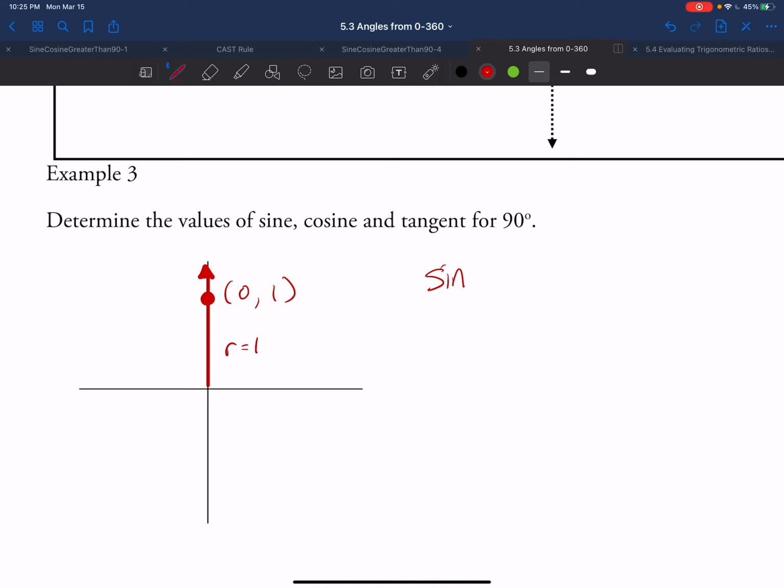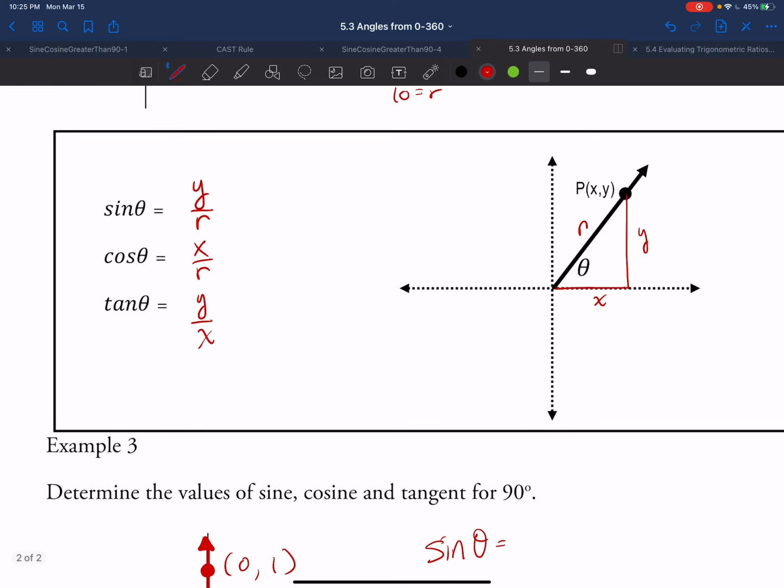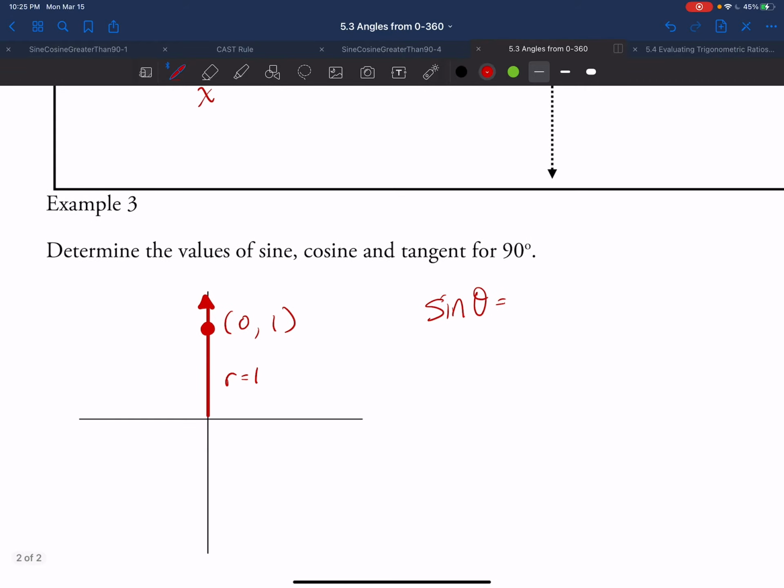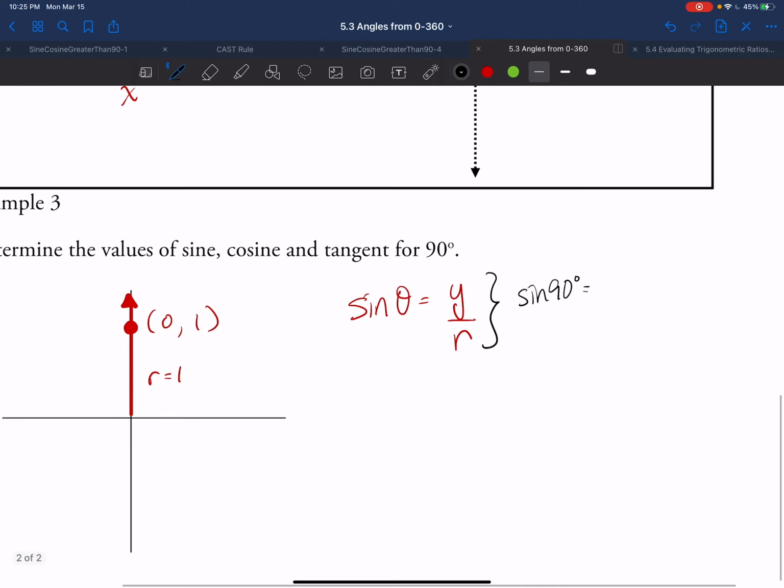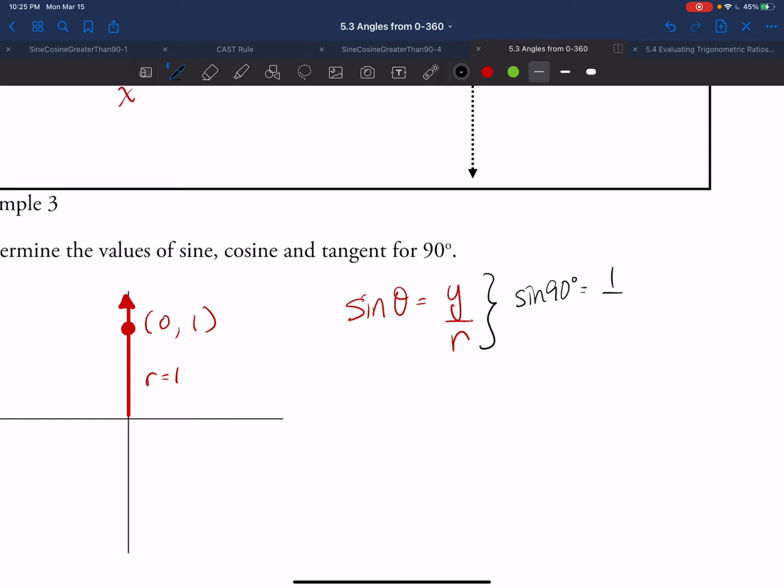So if sine of whatever angle is y over r, and in this case we're talking about the sine of 90, y is 1, and r is 1. So the sine of 90 is 1. Now let's think about what cos would be.